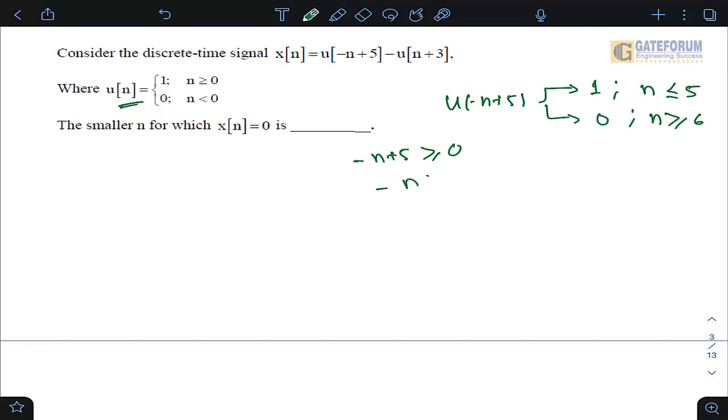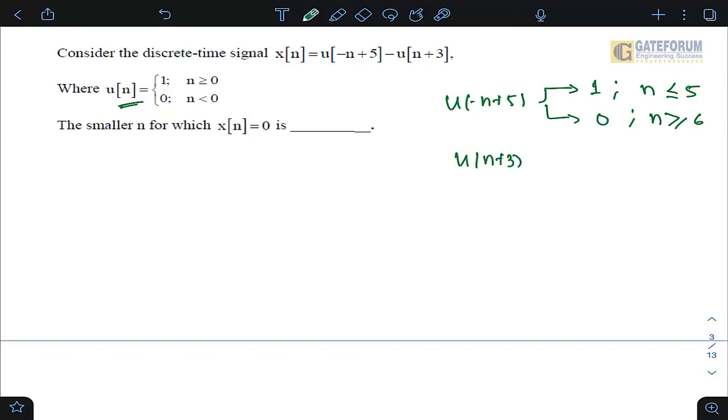So minus n is greater than or equal to minus 5, or n is less than or equal to 5, since multiplying by a negative flips the inequality. So for n less than or equal to 5 it is 1, and for the rest of the range it is 0, meaning n greater than 5 or n greater than or equal to 6. So this is the description of u of minus n plus 5. Similarly, what about u of n plus 3?